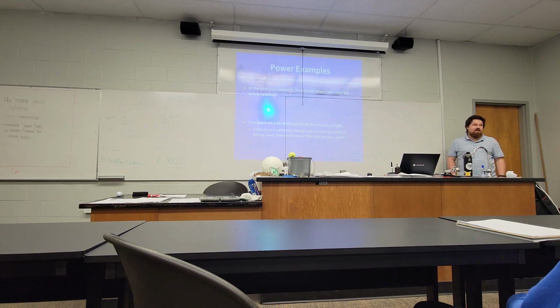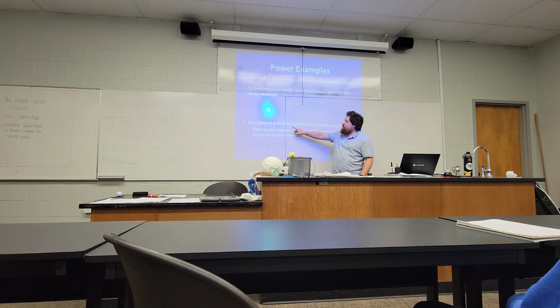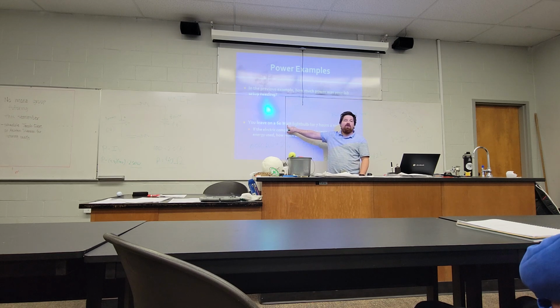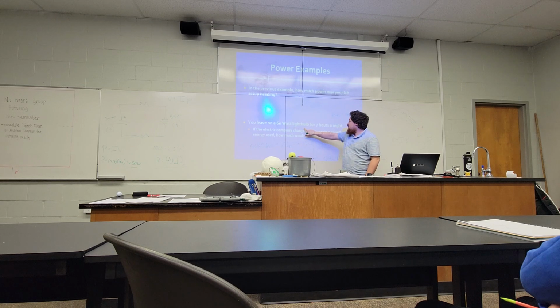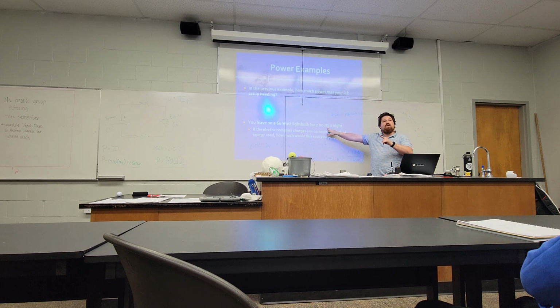You can do this for any device, as long as you know its wattage, which is usually printed somewhere in its technical information or its instructions. If you know how many hours a day you have it plugged in and on, and if you know cents per kilowatt hour for your area.